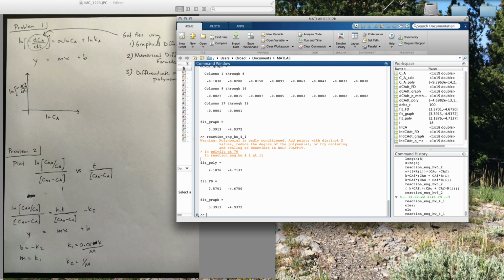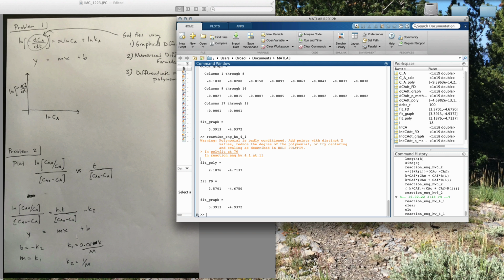With this one, we wanted to plot the natural log of (Ca0/Ca) divided by (Ca0 - Ca), versus t over (Ca0 - Ca). We plot these two things, do a linear regression, and we get back an equation that is y = mx + b.